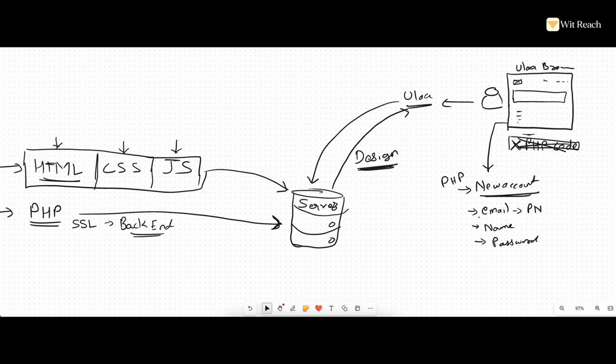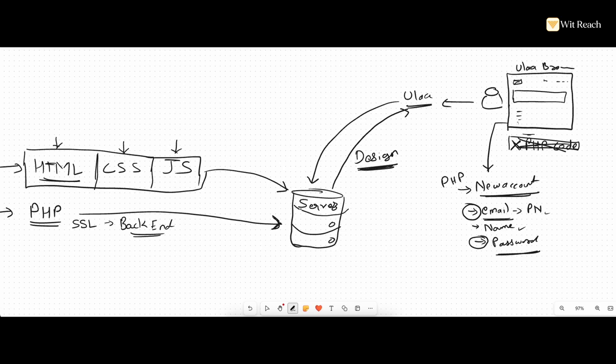Primarily, in general, to create an account, the email and the password are required no matter what. The phone number can be optional. The name can be saved later, not on the sign up form, but the email and the password are required to create an account. Now, when the user enters the email address and password, it has to be stored somewhere, right?